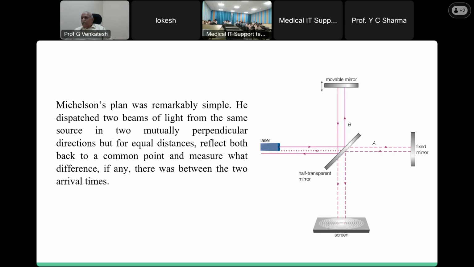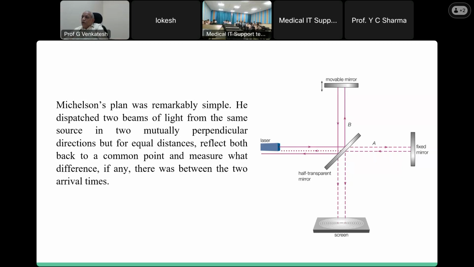That is, the travel time of the light signal from A to the fixed mirror M1, let us say, and from the same mirror to another movable mirror in the perpendicular direction, and these two distances of the mirrors from the point where the beam splits into two parts were exactly the same.